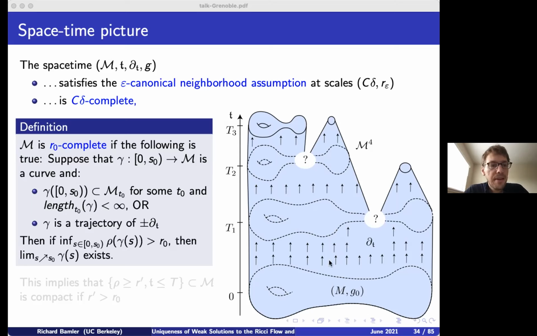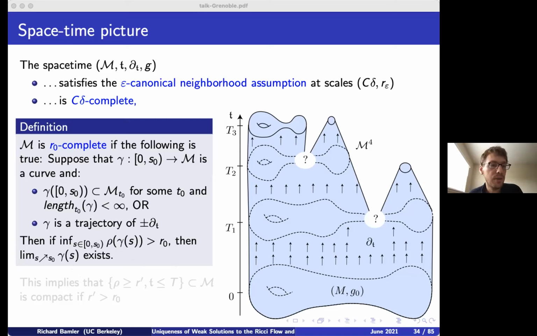Then whenever the infimum of the curvature scale along the curve is strictly bigger than R naught, the limit exists. In other words, if we're walking horizontally a finite distance, or vertically, then we can only run out of the spacetime if the curvature scale goes to or below R naught.